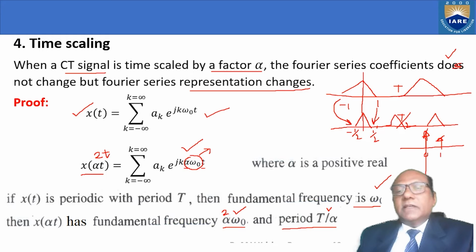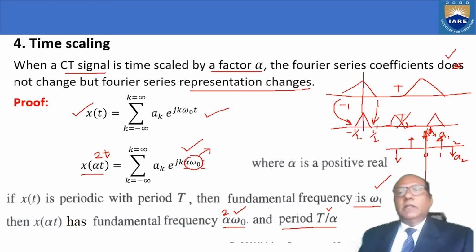Then this is a2, at k equal to 2. This is a0. Similarly, I have a -1 this side and I have a -2 this side. Okay, let us consider this.